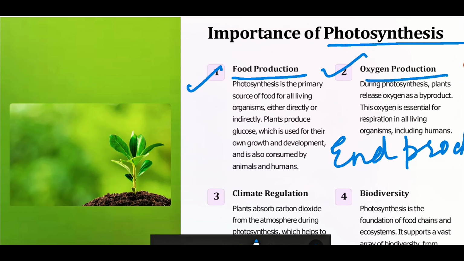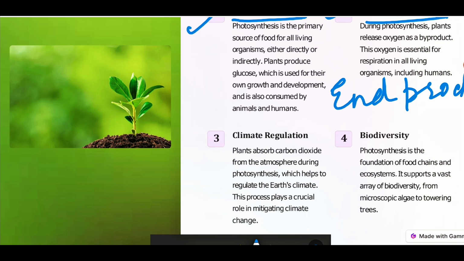Okay, and it also helps in climate regulation. Now if you say, how ma'am does it help in maintaining the climate? Because if there will be more carbon dioxide, and if plants do not prepare the food, there will be no release of oxygen, and humans and animals, of course, will produce carbon dioxide.